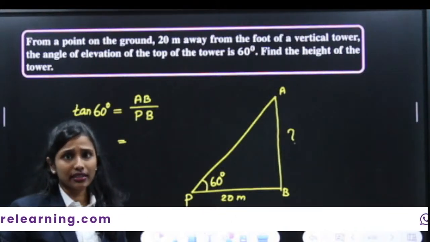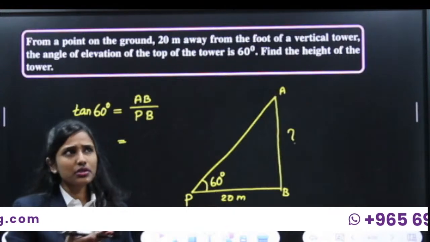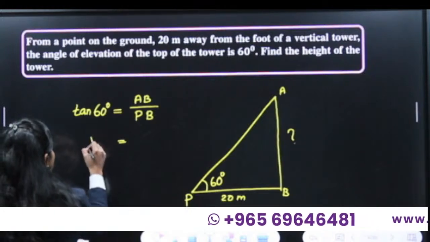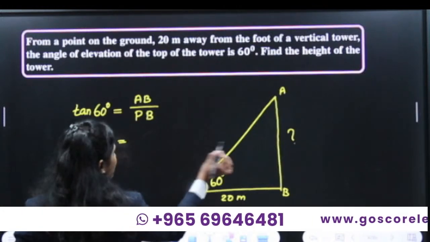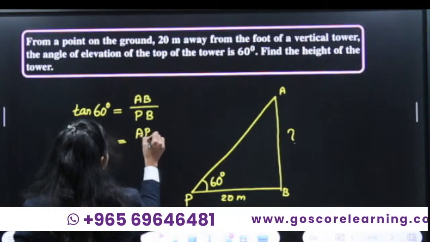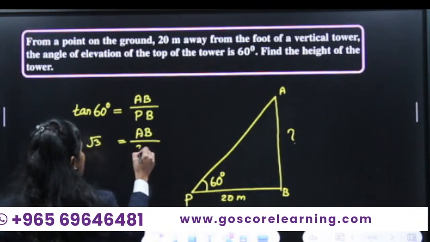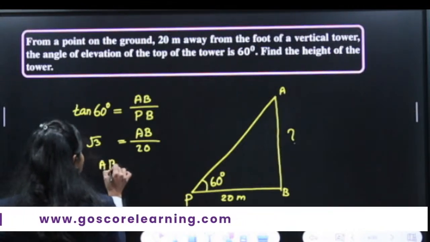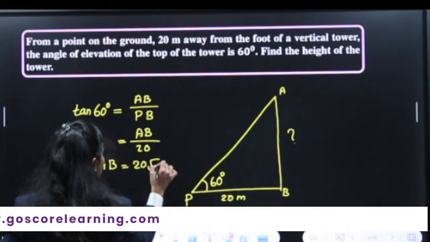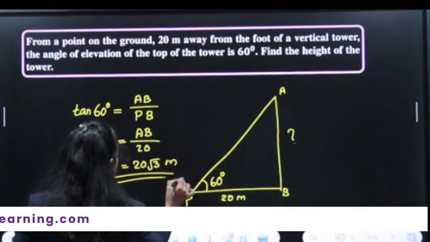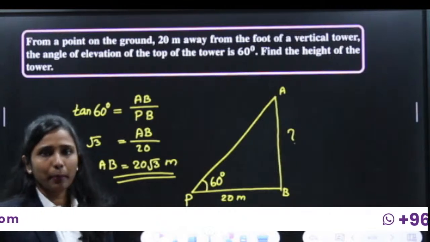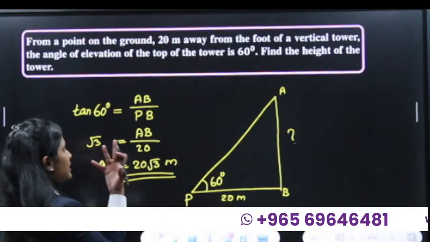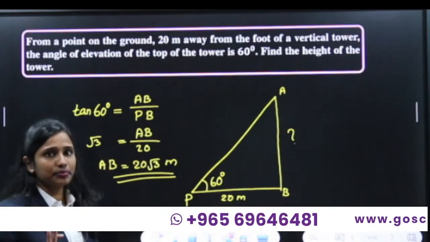Tan 60 is root 3. Then AB we don't know, so let it be AB. Now what is PB? 20. Now AB is equal to 20 root 3 meter, and that's our answer. Simple, right? We need to construct a figure and through that figure we will get the answer to whatever the question is.